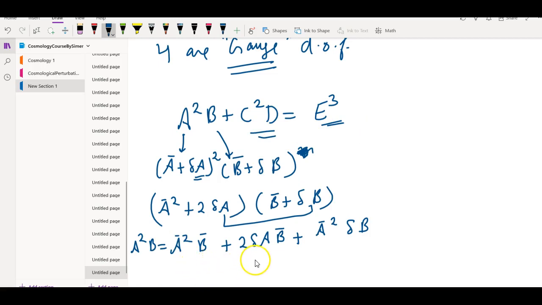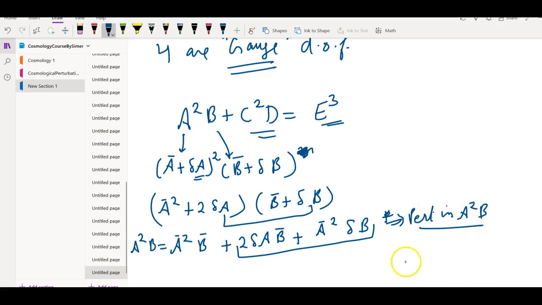Now, in this expression, this is the perturbation in a square b. Let's call it the perturbation in a square b.